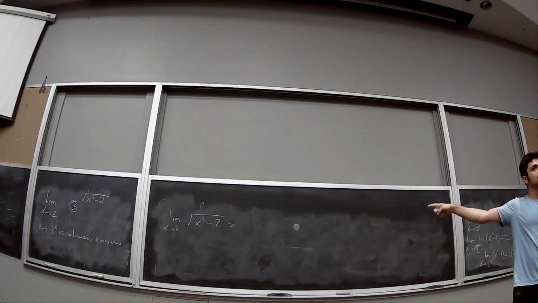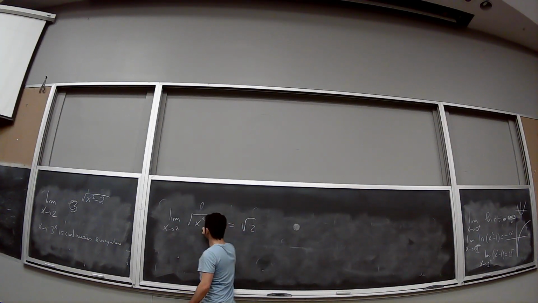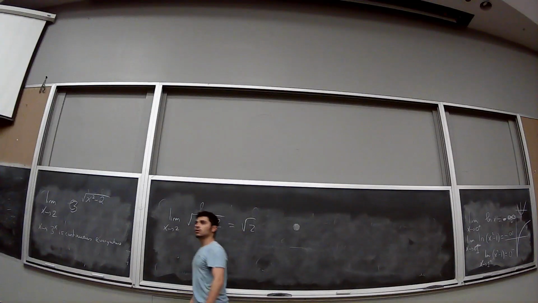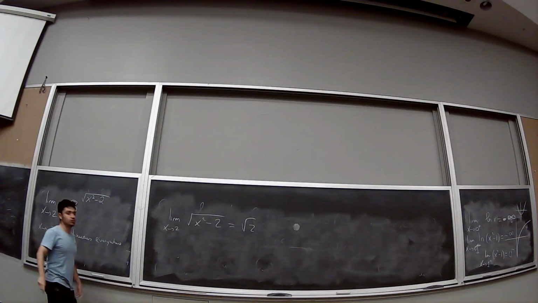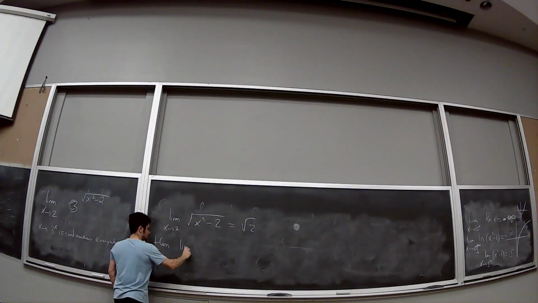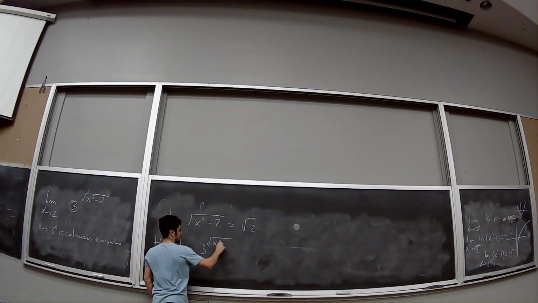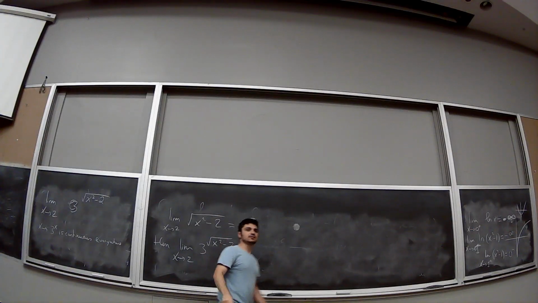That's an easy limit, right? What is that limit? Square root of 2, right? Now this thing goes to square root of 2. Where does 3 to this thing go to? What is that?